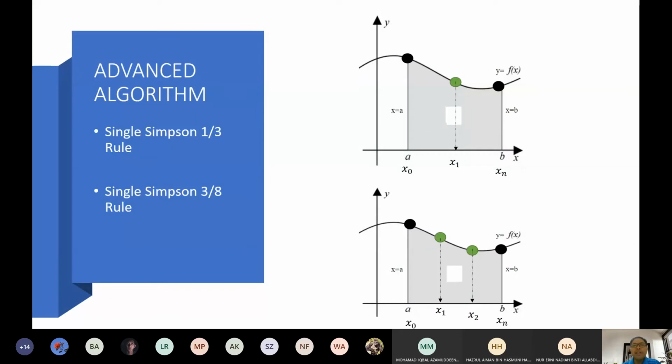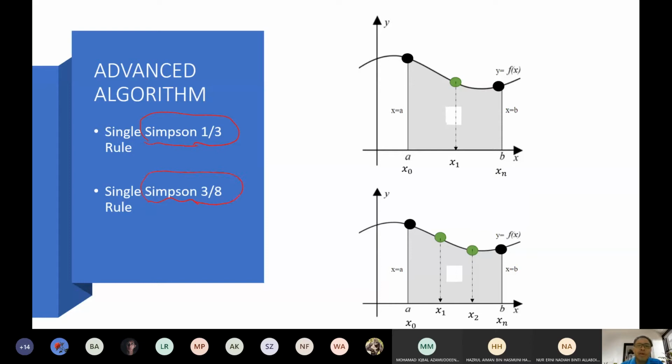Even if you do it manually using simple trapezoidal rule and multiple trapezoidal rule, we still face the problem of having inaccurate values of integration. So that's why another person called Simpson developed another method that we call Simpson 1/3 rule and Simpson 3/8 rule.